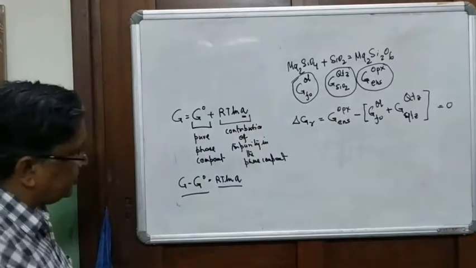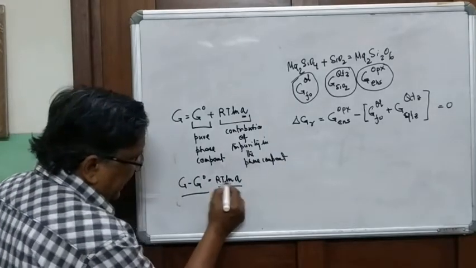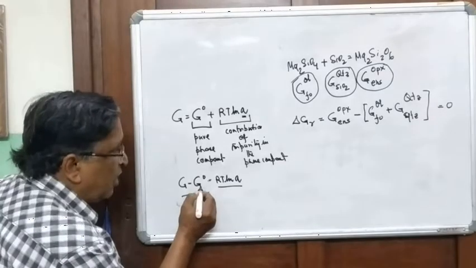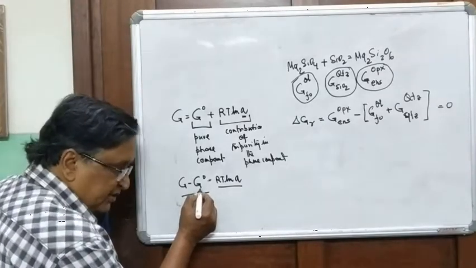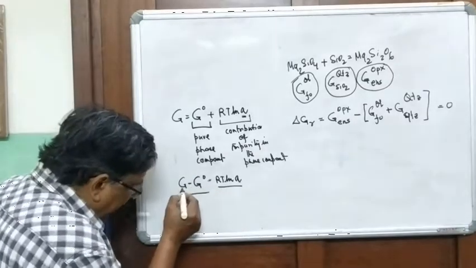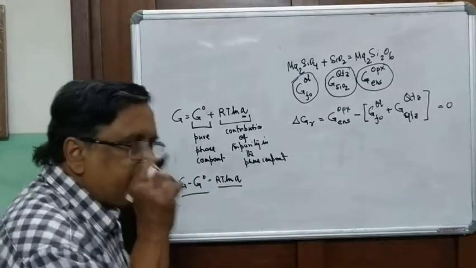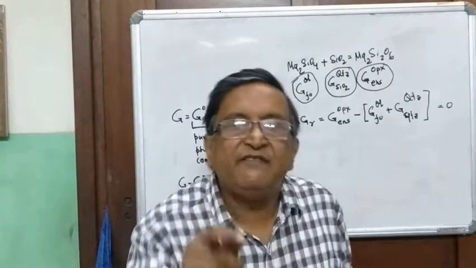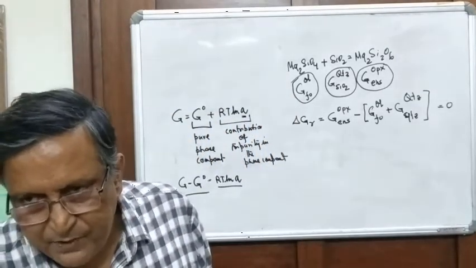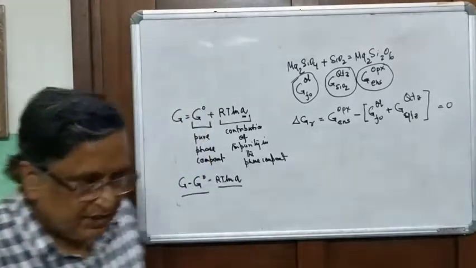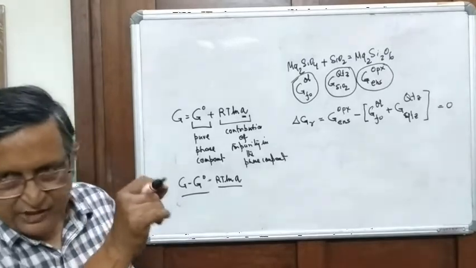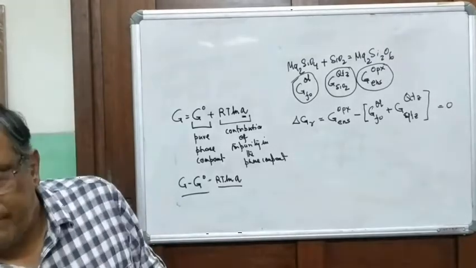So you remember this, that RT ln activity is equal to G minus G0, where G0 is the free energy at equilibrium pressure temperature of the pure phase component and G is the free energy of the phase component. Whether it is pure, whether it's impure, it's unimportant. G is the free energy at equilibrium pressure temperature condition of a phase component.